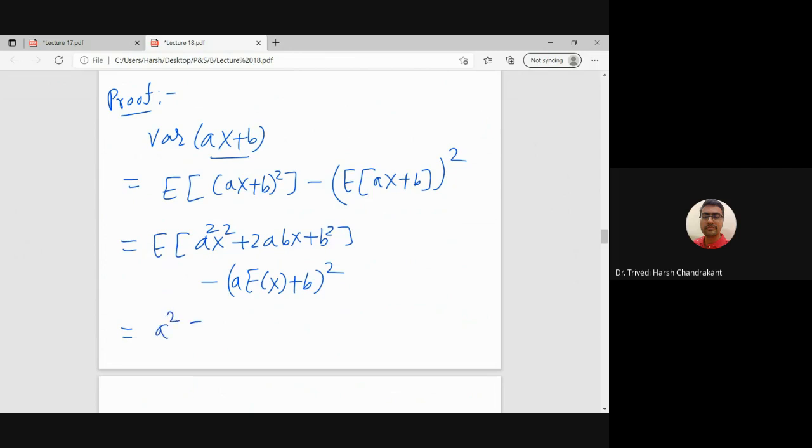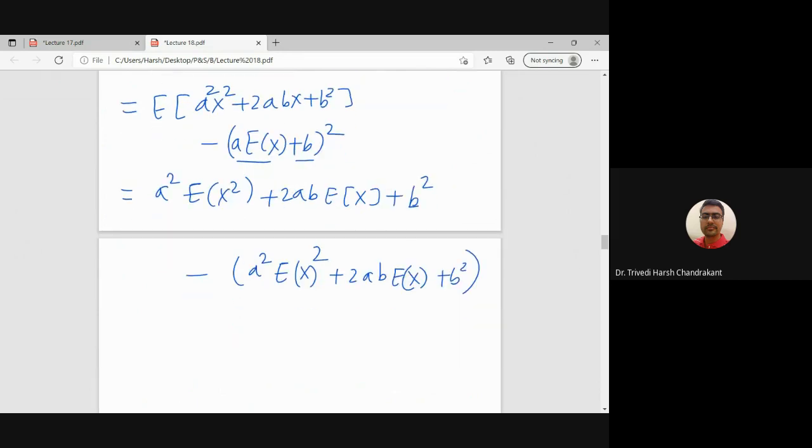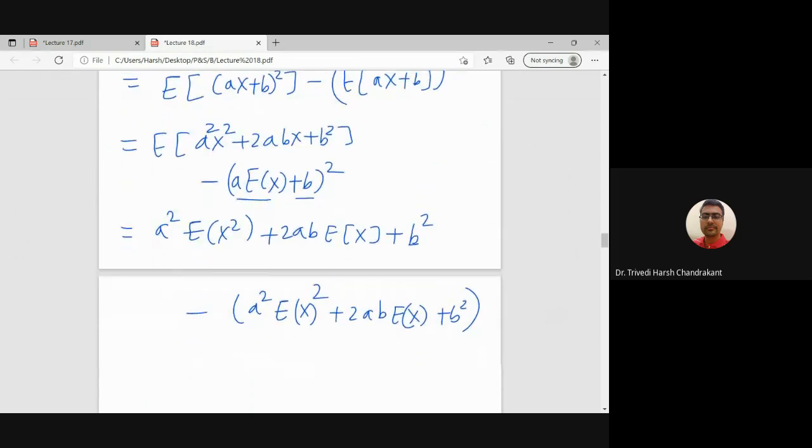That is a square expectation of x square plus 2ab expectation of x plus b square times expectation of 1, that is 1, minus, now we have these two as real numbers, so using the a plus b square formula, a square expectation of x square plus 2ab expectation of x plus b square. Okay, that is right.